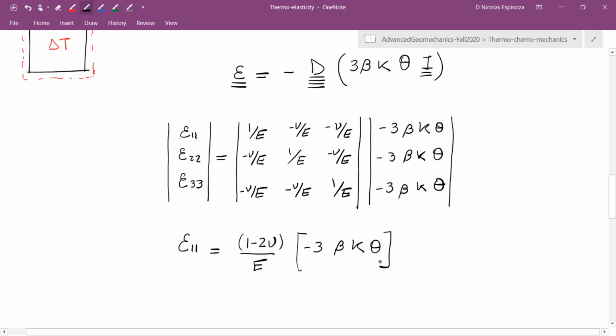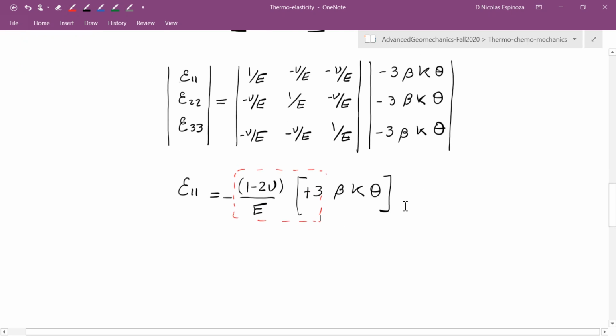Okay, but I'm going to take advantage of something over here. You may go ahead and check your notes, and you will see, let me get this negative sign over here, that what I have here is actually 1 over the bulk modulus.